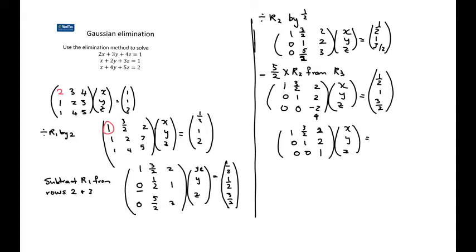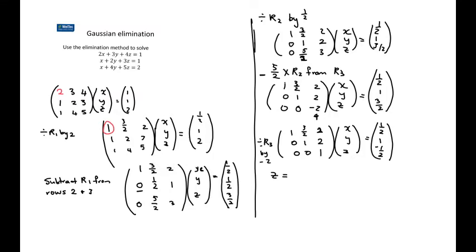Do the same for the answer. And now you see we can backwardly substitute to find each of the variables. From the last row we can see that z equals, oops, so I just need to write down that we're going to divide R3 by -2.